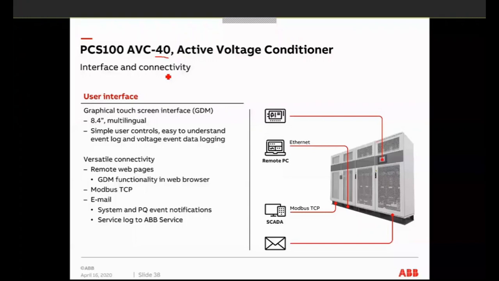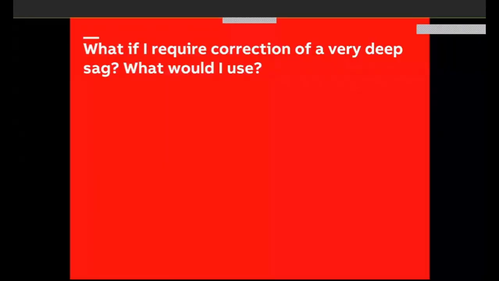All those power quality issues that are solved by the PCS ABC 40 are solved with this component as well. But the difference of this one to a standard dual conversion UPS is that this is a single conversion UPS, and the power conversion for this one is also 1:1.